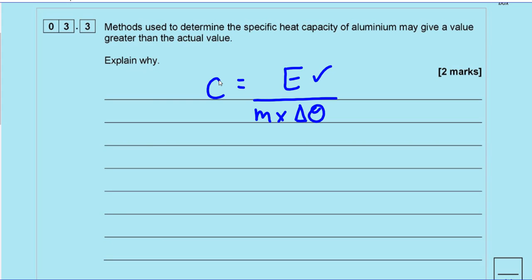So as a result of losses, as a result of the hot block transferring some of its energy to the surroundings, the temperature rise that is produced is smaller, and therefore because we're dividing by something that's smaller, the value we'll get for our specific heat capacity is larger than it ought to be.